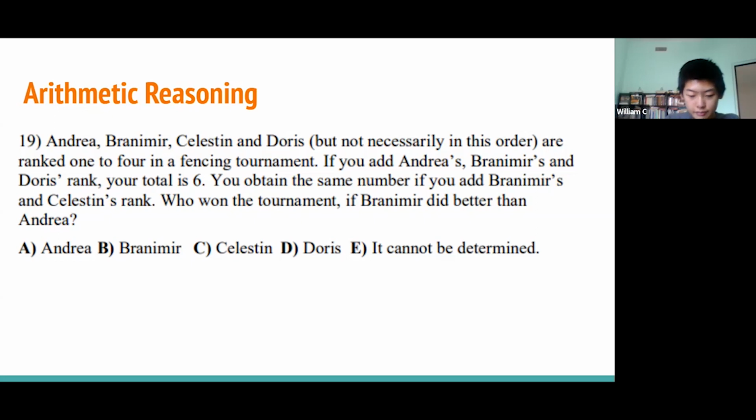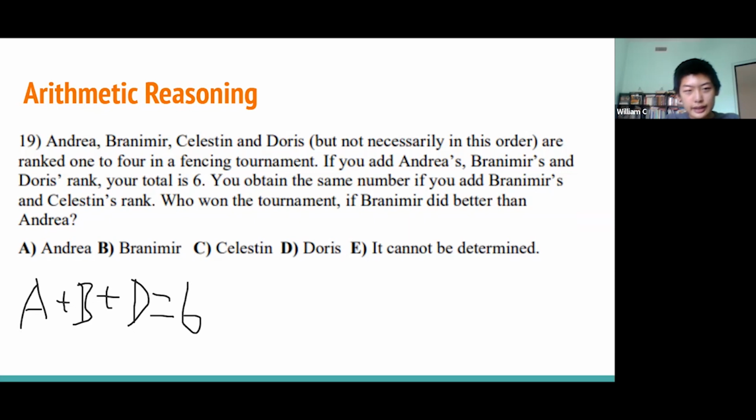First, we know that A plus B plus D equals 6. I'm abbreviating Andrea with A, Branimir with B, Celestin with C, and Doris with D. I do that because it's easier to write instead of writing everything the whole time. It's quicker this way.